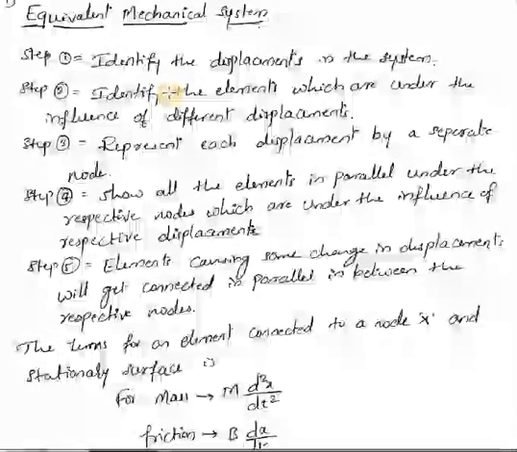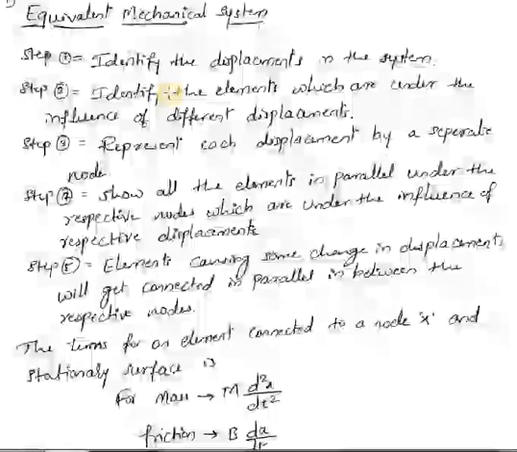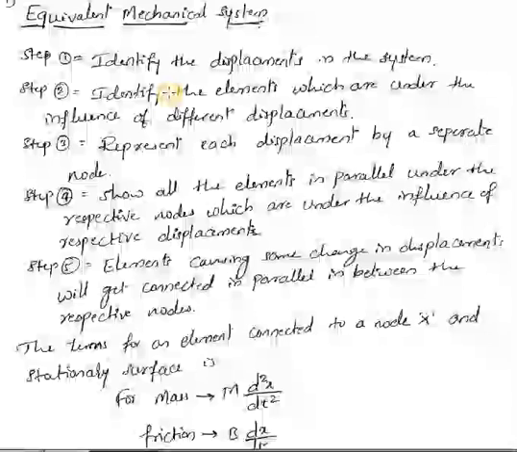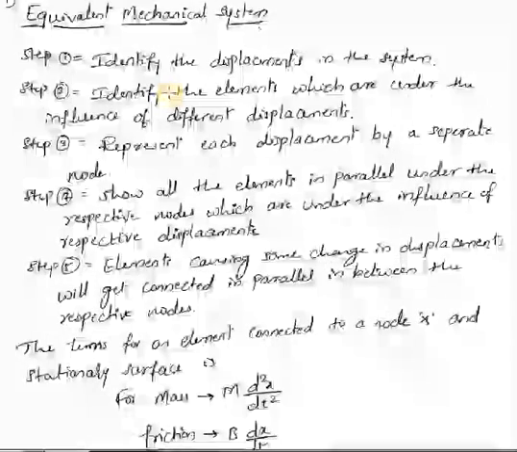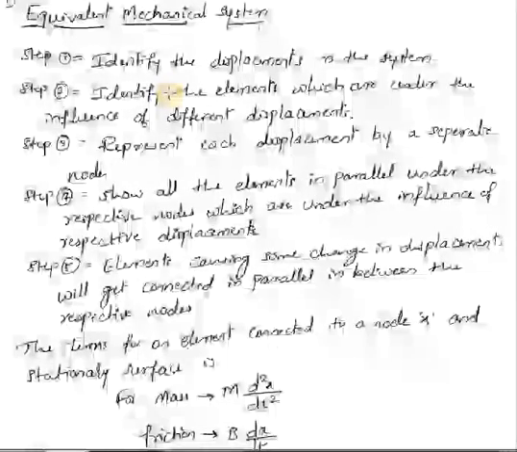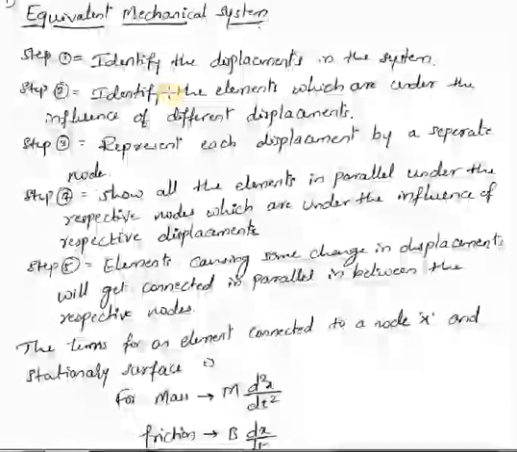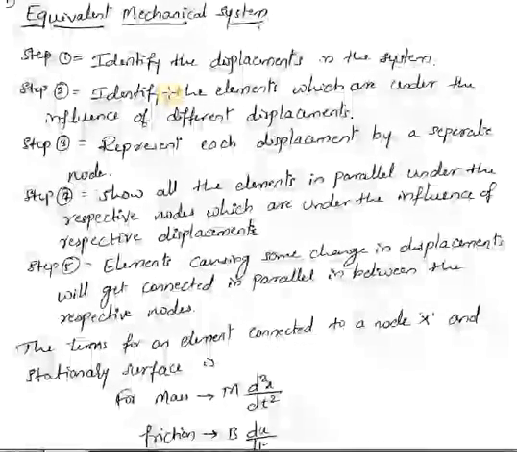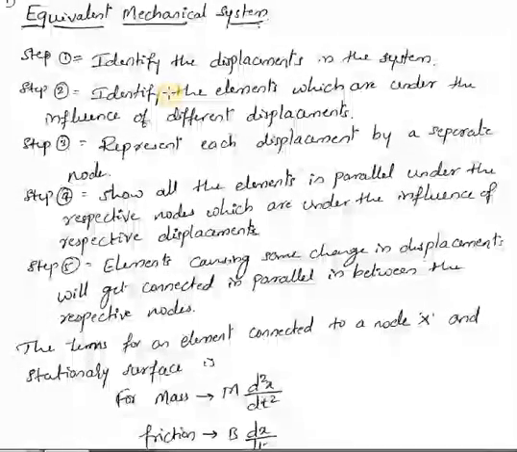If m2 has only x2, connect that one to x2. Then the fifth step is that elements causing the same change in the displacements will get connected in parallel between the respective nodes. For example, if the spring is connected between two masses, you need to show that spring between those two nodes represented by x1 and x2.